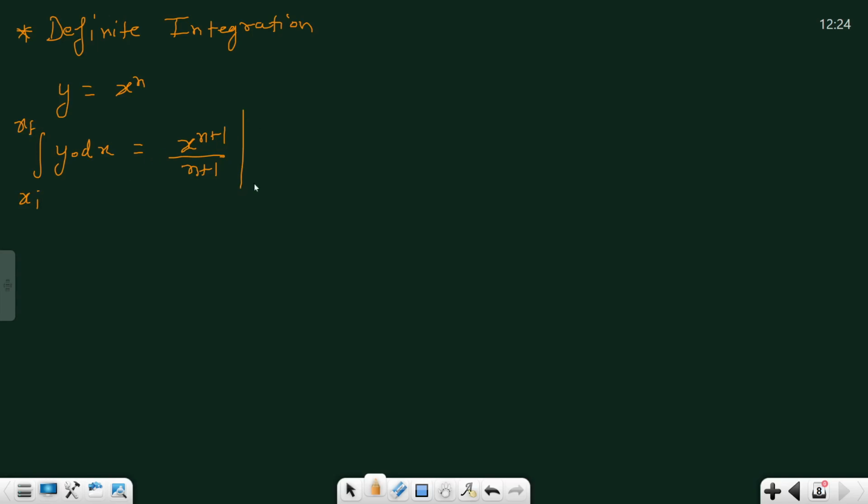In the expression, first you have to write the final limit or upper limit in place of x, and then subtract the lower limit, and there will be no constant c because the integration is definite. We will take it by example.